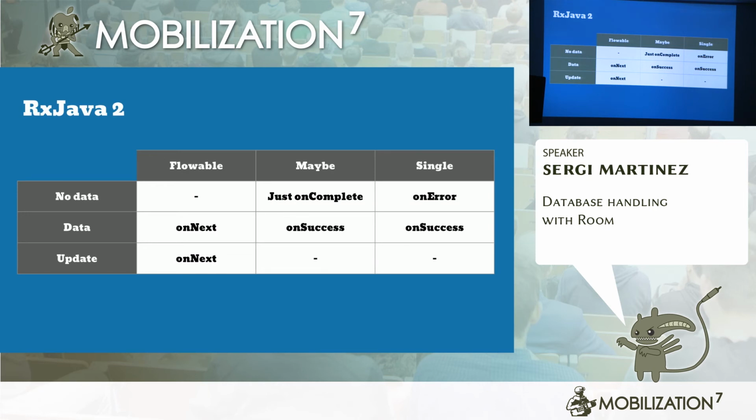You subscribe to the Flowable, and you automatically receive all the updates on the information. In the case of Maybe and Single, they work more or less similarly. They receive a single value. The difference is that if there is no data, Maybe will just invoke onComplete, and Single will throw an error. That's basically the difference between them.